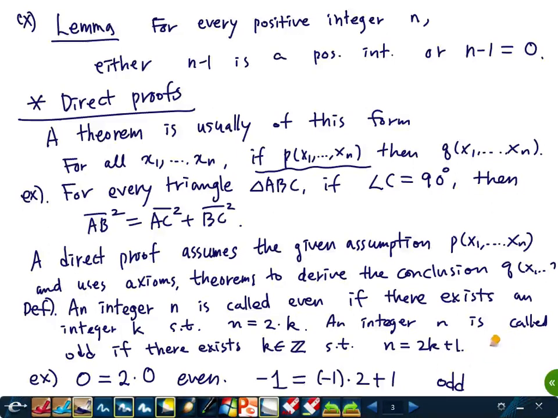If you say, oh, minus 1 is an odd integer because minus 1 equals minus 1 times 1 and 1 is odd, so it's odd, this is not a proof of this. You use an extra thing. If you want to prove this using only this definition, you have to prove it this way. Of course, if you know many theorems, then you can use other theorems to prove that minus 1 is odd like I did. But for now, this is a direct proof that 0 is an even integer, minus 1 is an odd integer, something like that.